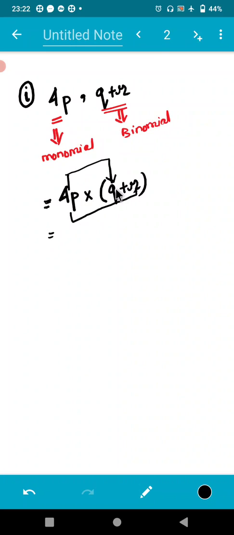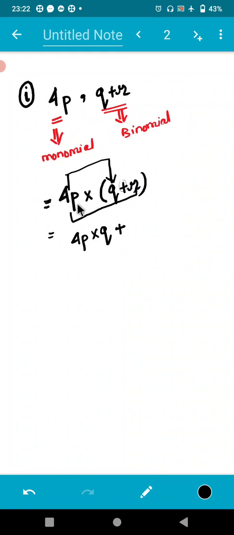We have to write 4p into q. Okay, be careful with this sign, students. Now what is the sign that this 4p has? On the left hand side, no sign. You will say there is no sign, but if there is no sign, it means there is a plus sign. So we have to multiply this plus sign with this sign, students. Very important concept I am giving. So plus and plus will give us plus only.